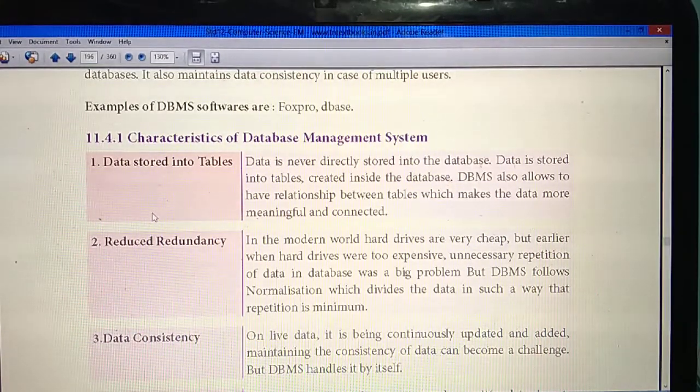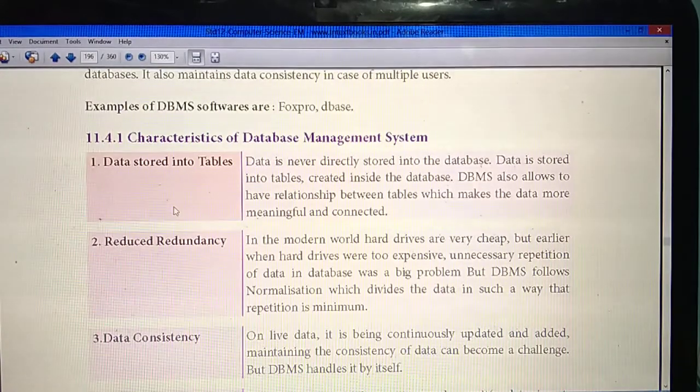If you store any data in the database, you can't store it directly, but using tables you can. Database management is the interface or intermediary between the tables and the database. Understand? That's the first characteristic.